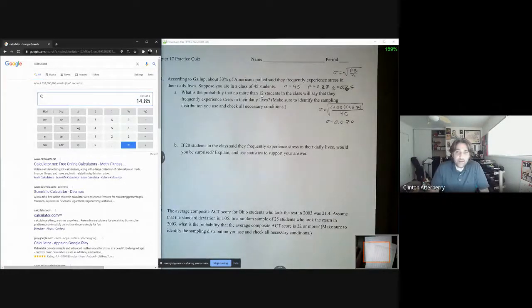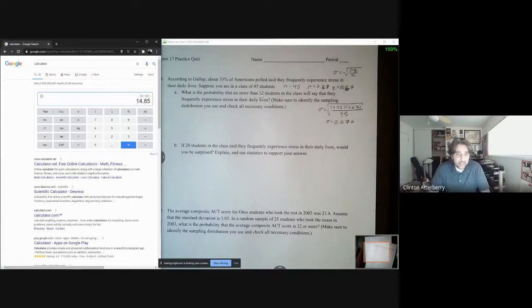It says make sure to identify the sampling distribution you use and check all necessary conditions. That's part of the AP-style question. We're going to skip over that because I don't think anyone's been doing the AP test. But if you are, you should write a paragraph on all those conditions: is it large enough, is it random, is it independent? We're going to assume all those conditions are met.